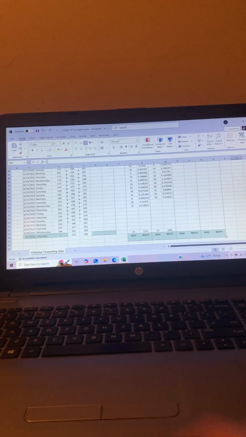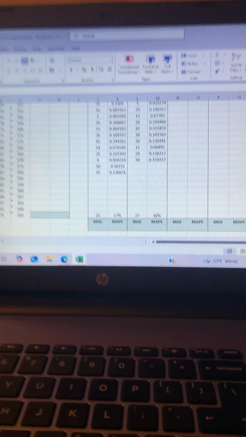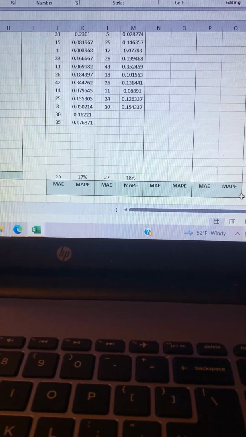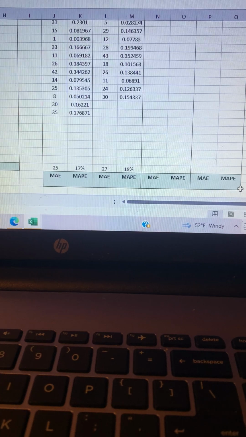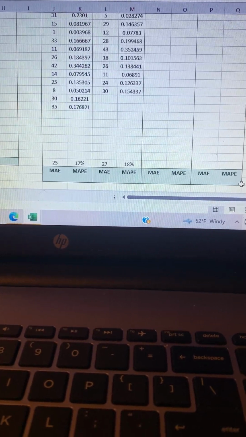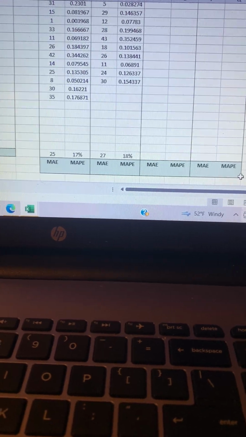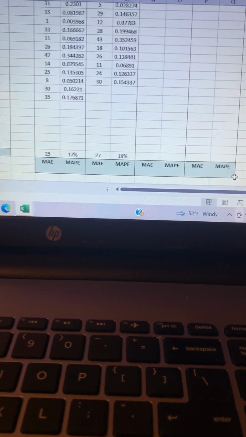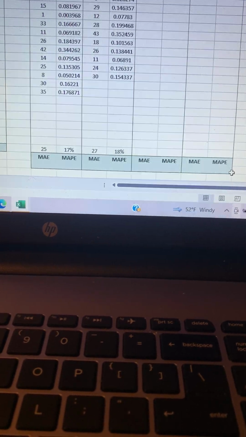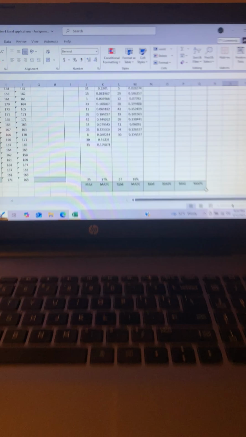So our moving average, as you can see, our calculations: our MAE is 25 average and then 17% error, and then there's a 27 for our 8-day. There's a 27-day average with an 18% error. So that is the moving average.